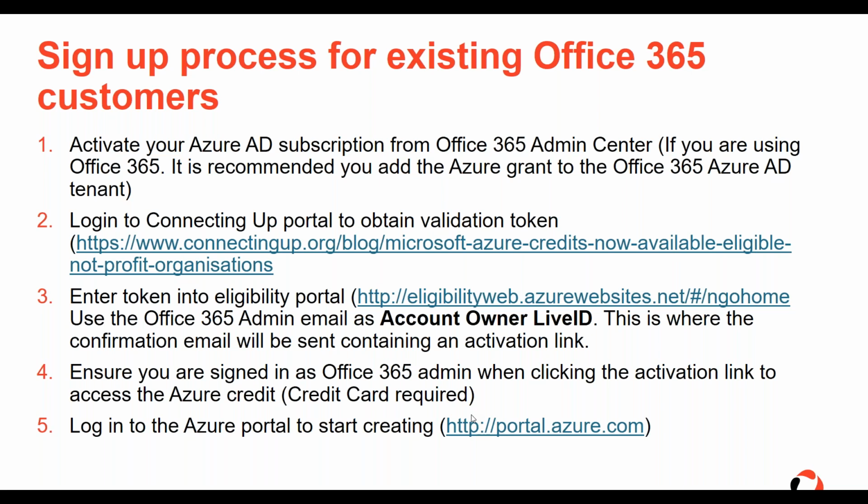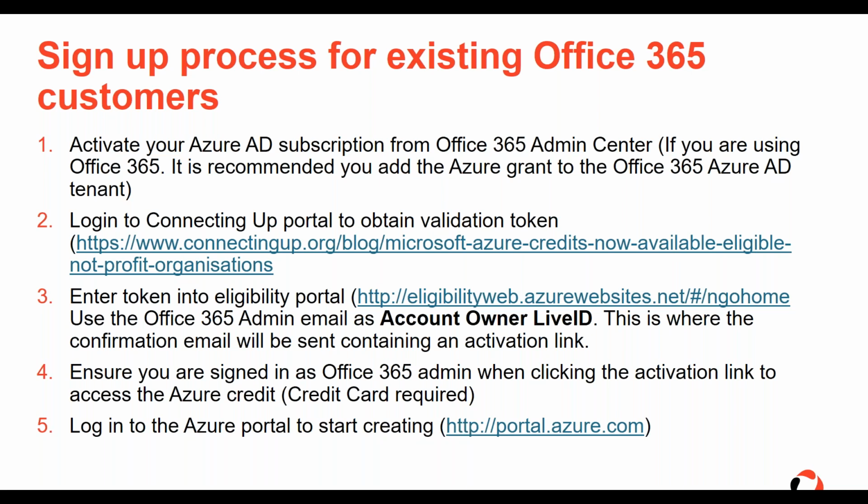So if you're looking at doing both, do the Office 365 tenant first. And that way the grant then applies and links with your Office 365 tenant. And that's a huge advantage because it really links the two and it gives you that authentication between the two accounts, and it knows that you're the same organization running the two. So that really gives you some good benefits of linking the two.